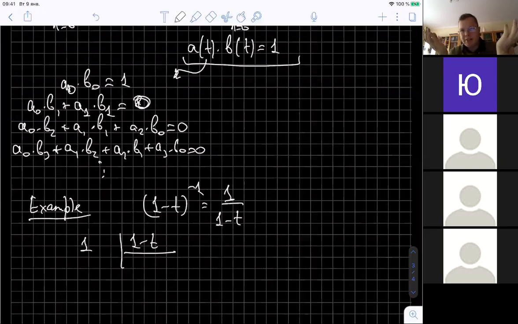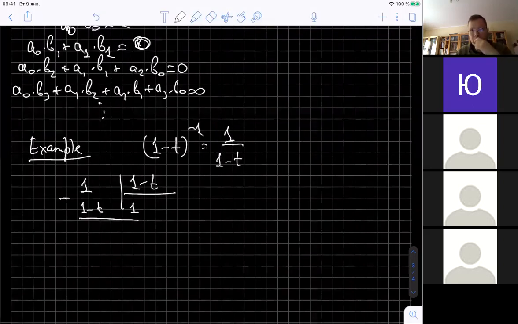We want to cancel the first coefficient, so first we multiply by 1 and we have here 1 minus t. When we calculate, 1 minus t leaves t. Here we want to cancel t, so we add t, and here we have t minus t squared. Then we need to cancel this one, and so we have t squared, here is t squared, and so on.